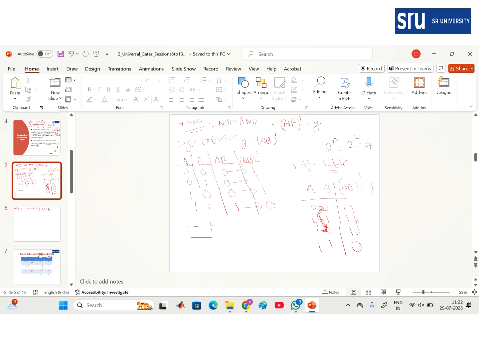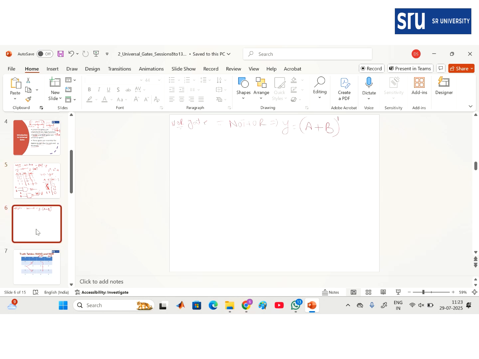First the AND gate with two inputs, A and B, then the NOT gate. So this is the NAND gate circuit. If you add a bubble at the output of the AND gate, this is the NAND gate logic circuit. AB whole bar is the output expression for the NAND.